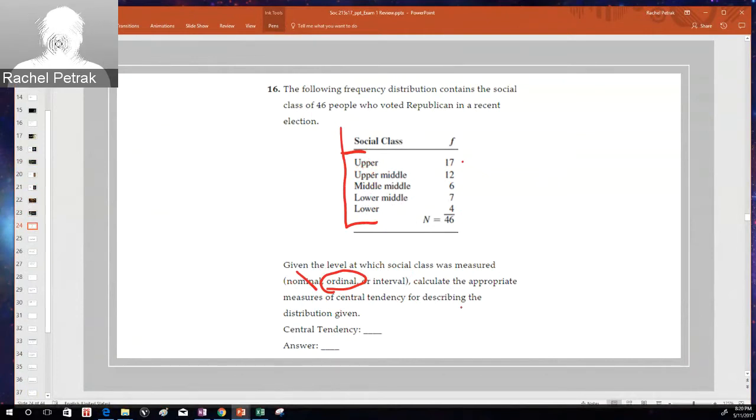In order to use the mean, you must have an interval or ratio measurement, because the mean involves calculations that include division, and you can only use division if you have a 0 point. Mathematically, that's why it breaks down. So it doesn't make sense. We can only get a mode or a median. Those are the valid measures of central tendency.